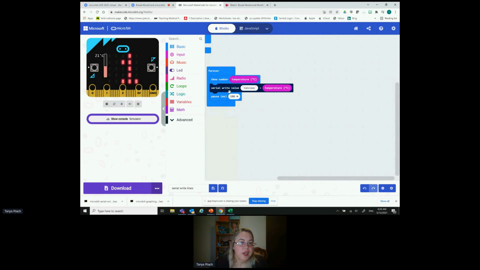Now, normally when you plug a microbit into your computer and you've got the serial write value, an extra display will pop up here, and it will show the device display. Unfortunately, that display isn't popping up for me this morning, so we'll just use the console simulator.